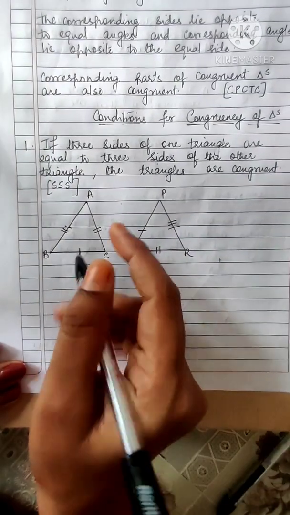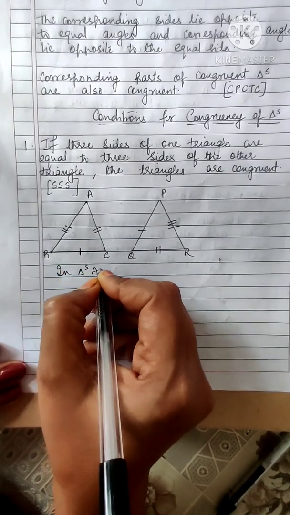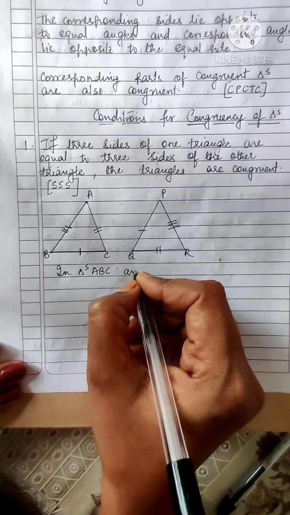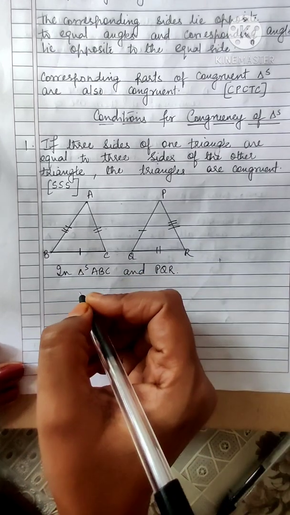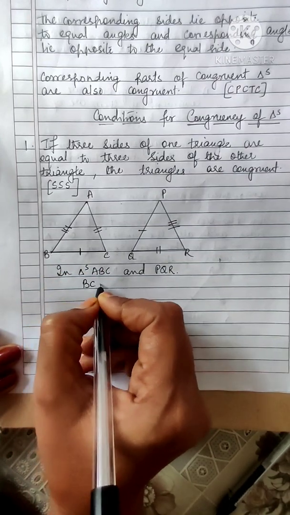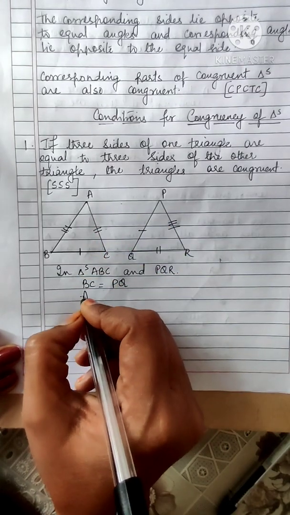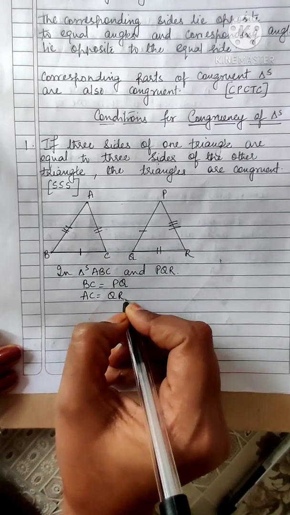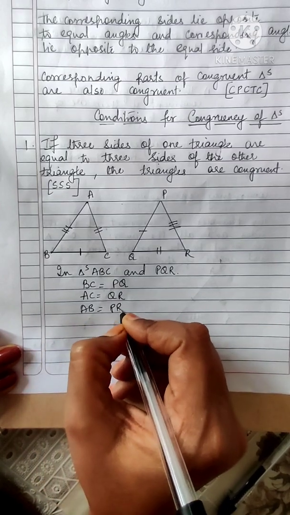That means in this case you have two triangles. The triangles are ABC and PQR. So the elements which are equal are marked as BC is equal to PQ, AC is equal to QR, and AB is equal to PR.